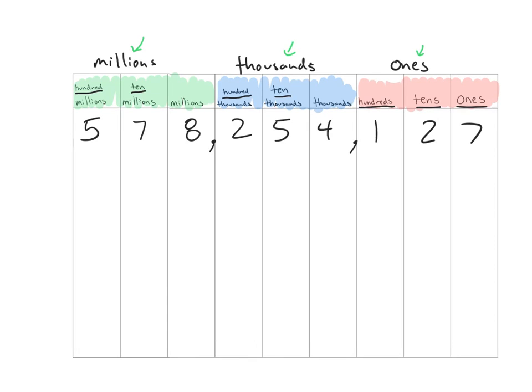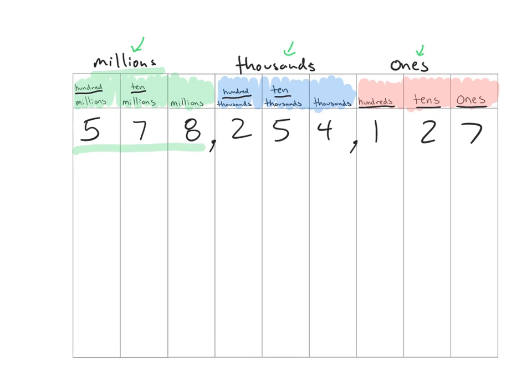So I'm going to start by reading. In the millions place, I'm just going to read this 578 as if it were just a 3-digit number. So I would read that as 578. But then after I say that 3-digit number, I'm going to name the group it's in, millions. So I'd say 578 million.